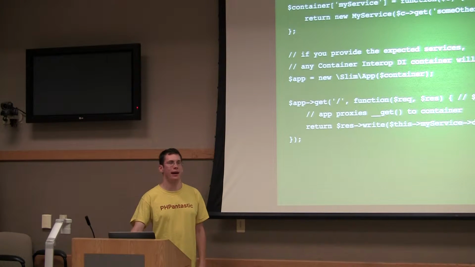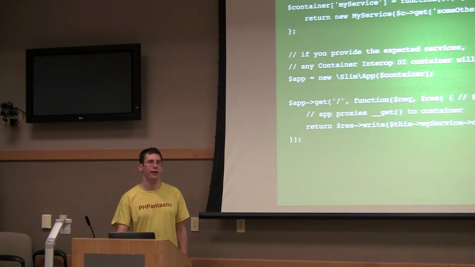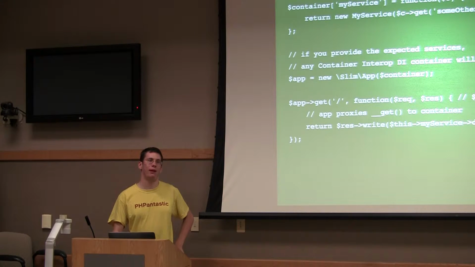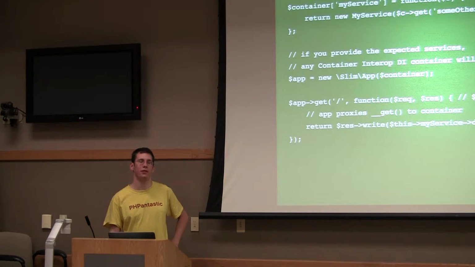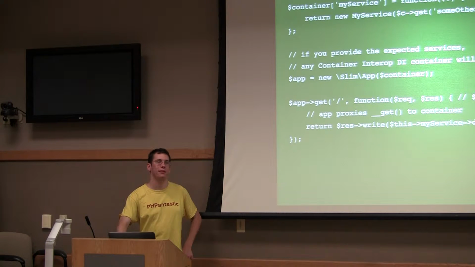Oh, okay. That's using your offset set array access method to throw it into the underlying data structure. So that's why you provide a callable that returns the thing that you want the service to be, rather than the actual thing itself, because that way you can actually get lazy loading and you're not instantiating all the things every time you have a web request. Got it.